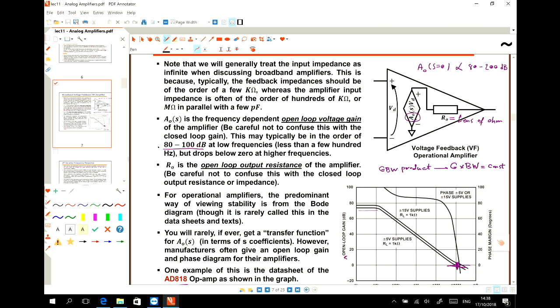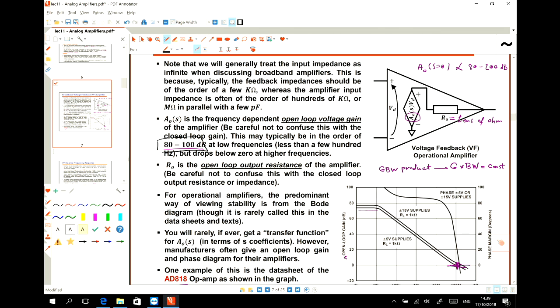Here it is mentioned 80 dB to 100, but I believe up to 200 dB is also available. Then another important parameter is the gain bandwidth. Gain bandwidth is frequency dependent, and for the model we put a nominal value, but when we increase the bandwidth, the gain drops.